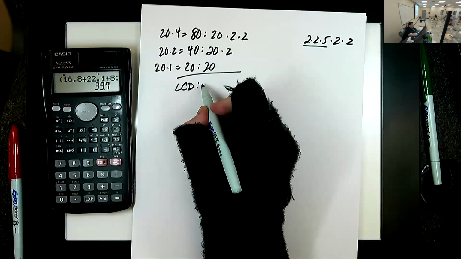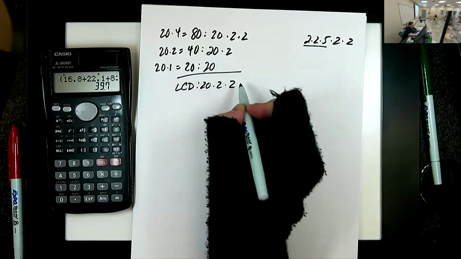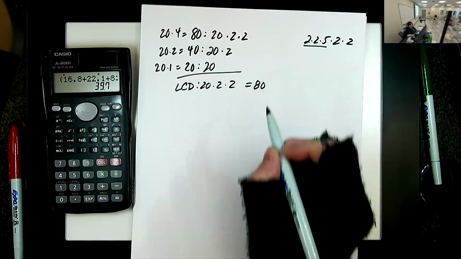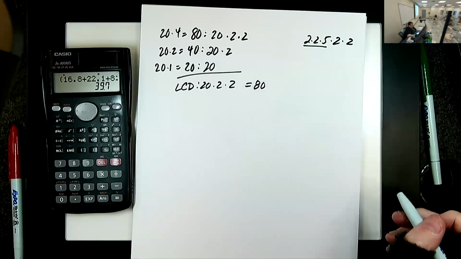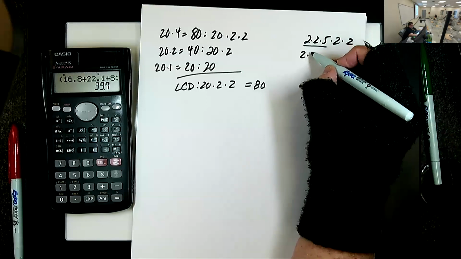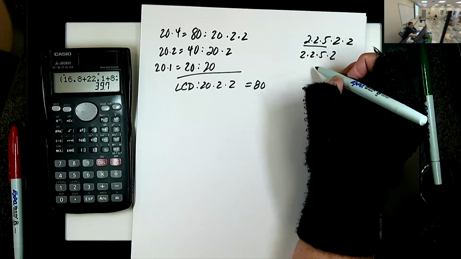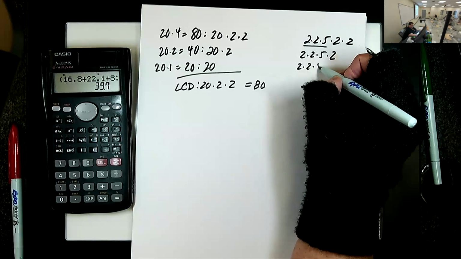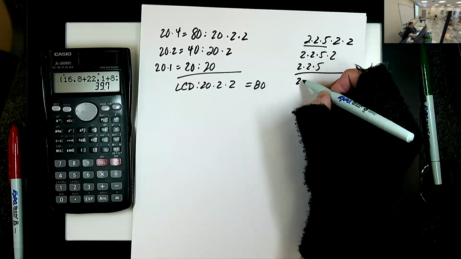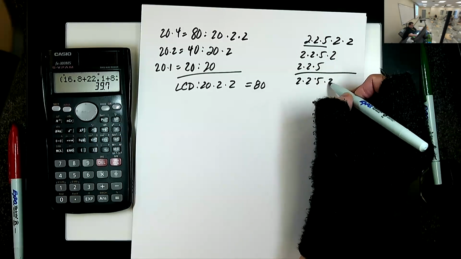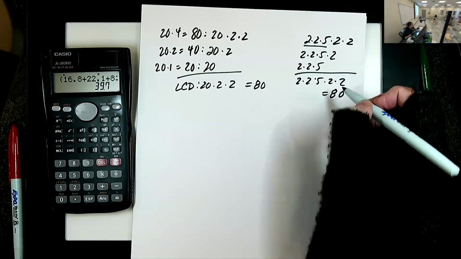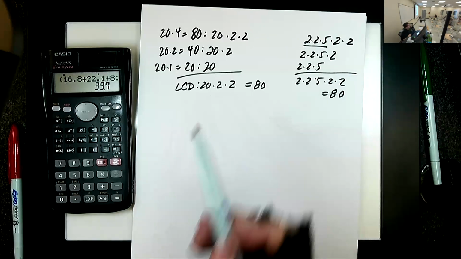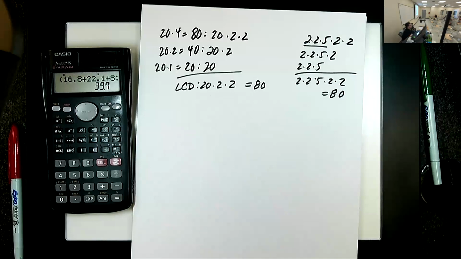My LCD here is 20 times 2 times 2 is 80. If you had done the full version, you would have had this. Both get you there. That'll save you some time if you see it. It's not necessary though.